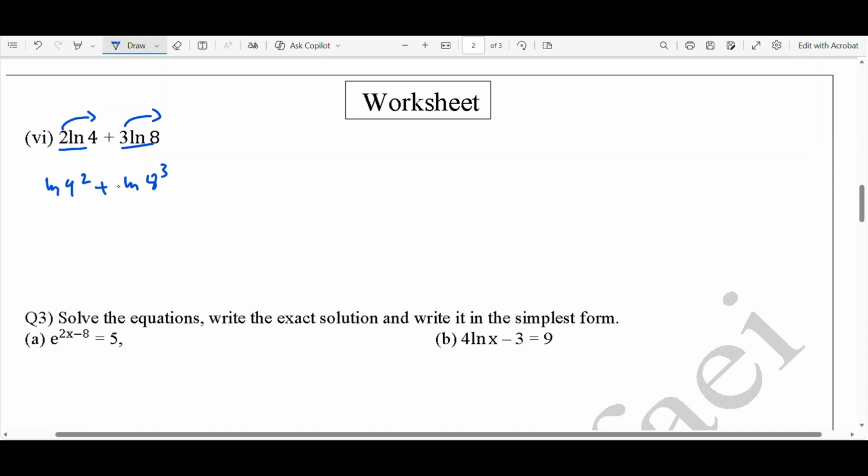The addition will be multiplication. ln of 4 squared times 8 cubed, and you can get the answer by using a calculator. It's a quick revision for the logarithmic rules. We use them, same method, same way.